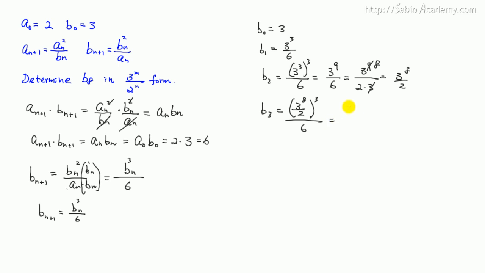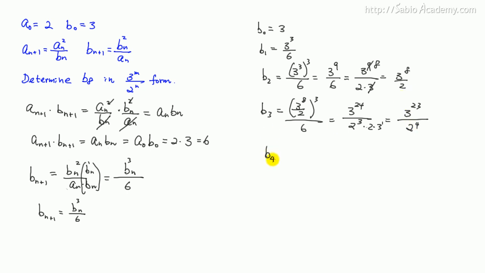So that would be 3 to the 24th over 2 to the 3rd divided by 6. So I will just put it here, 2 times 3. So that would be 3 to the 23rd. I canceled with this 3 to the 1 here. And then this becomes 2 to the 4th power.